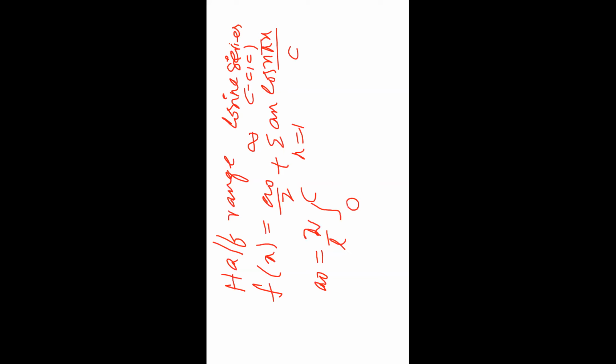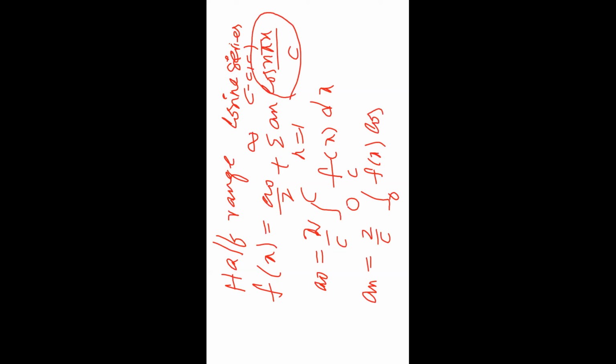That's why I multiply by 2, but here taking c, not L. So, 2 by c integral 0 to c f of x dx is the a naught value, and a n equals 2 by c integral 0 to c f of x cos n pi x by c dx.